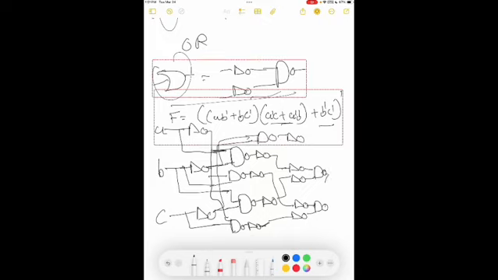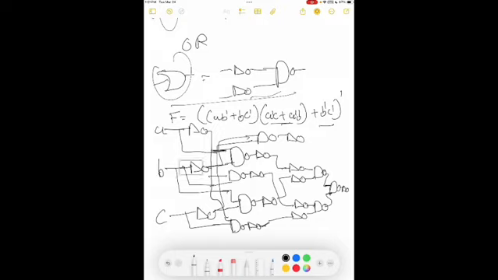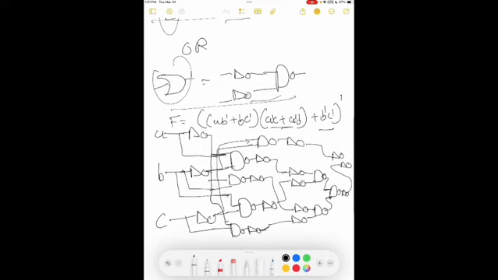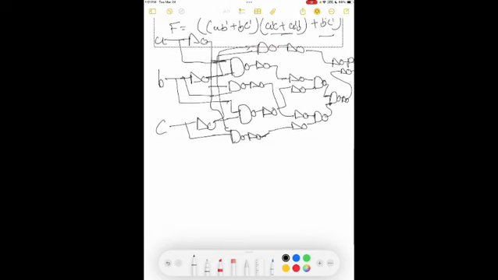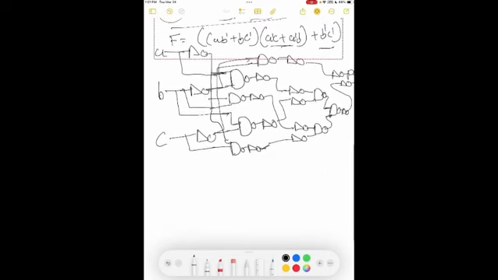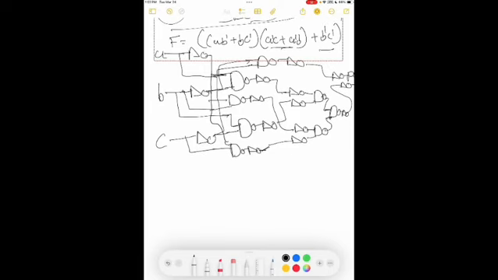Okay, and these both have the AND and these both have an OR. And then on this side it will have an OR. That's fine.